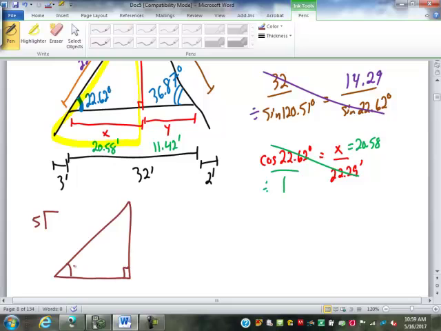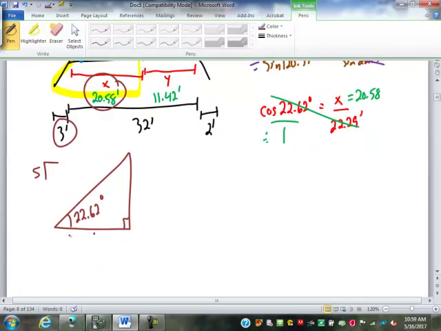And actually this angle here is still 22.62 degrees. What's this length down here? You had the right idea. The 20.58 plus the 3. You had the plus 3 part, you're adding it to the wrong thing. So 23.58 is that base. In your notes, find that length for me.